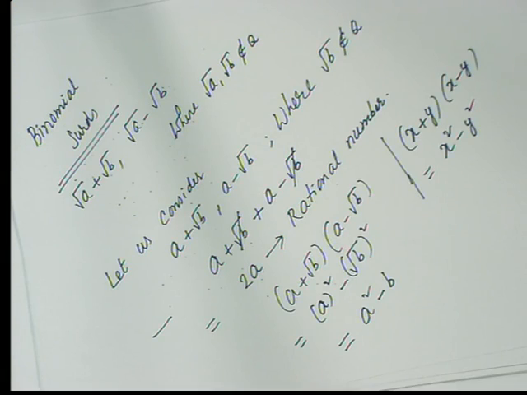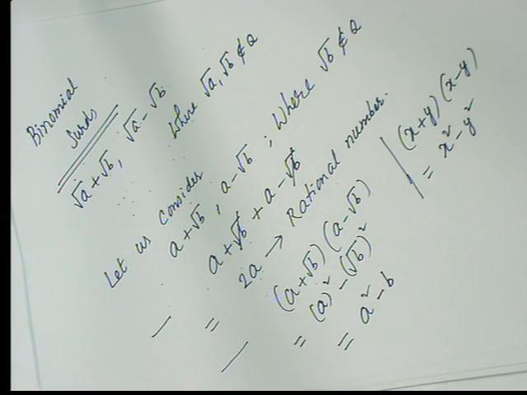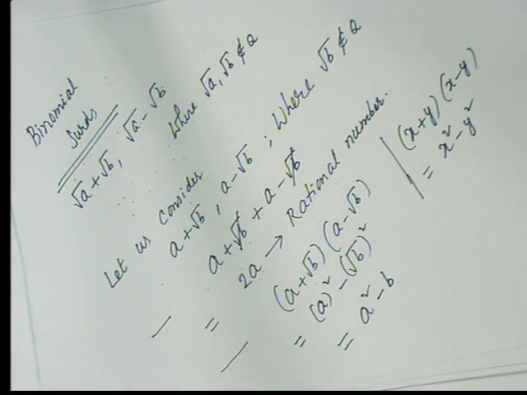So what do you observe? The sum and the product of a plus root b and a minus root b are rational numbers.